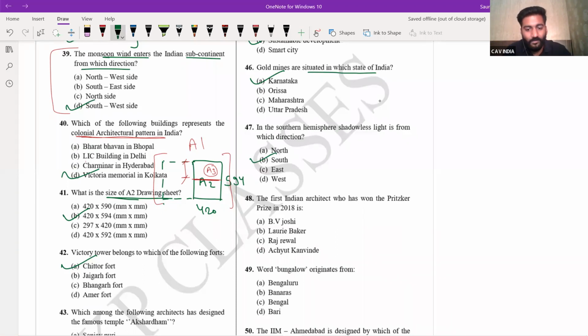Now the sun path is from east to west, so in the southern hemisphere the object will receive the direct light from the north and diffuse light from the south, and that diffuse light will be the shadowless light. So it was a comparatively difficult question.